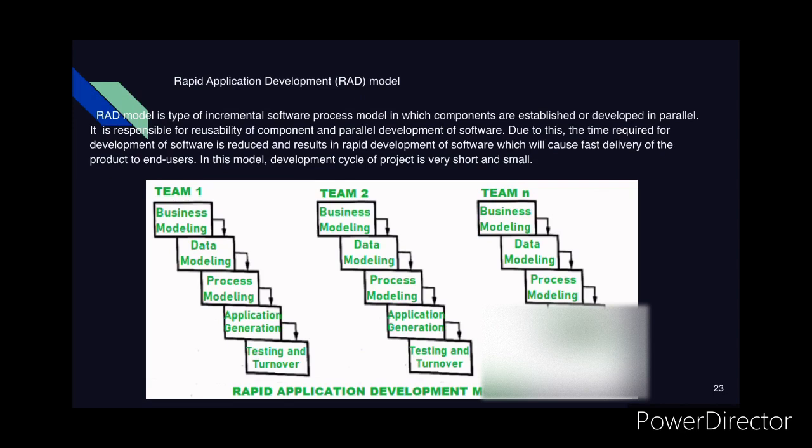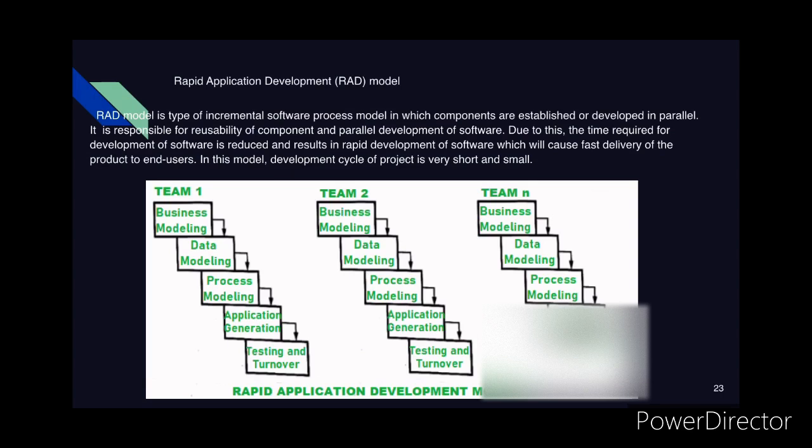Then it goes to the application generation phase. This is basically the implementation phase, that is coding and all. As we already know, to create software, different automated tools can be used, which can help in reducing development time, which is also a main concern of this RAD model. By using the automated tools, the development process time is reduced.